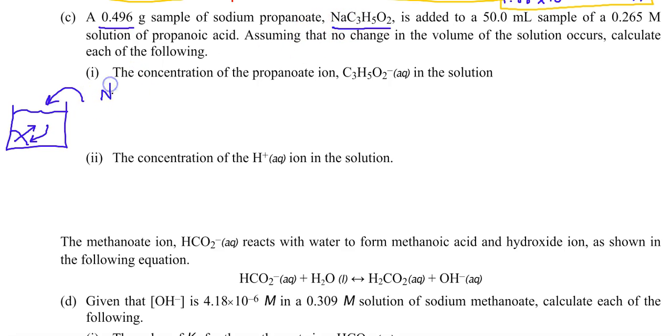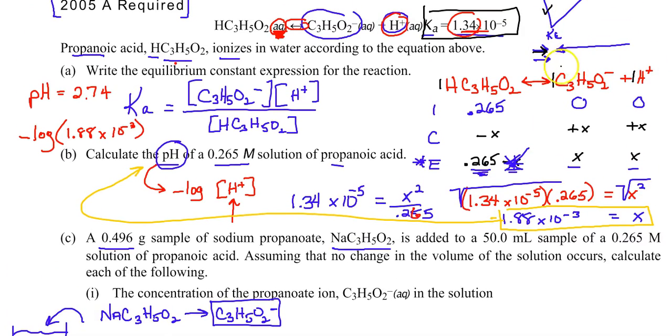This sodium propanoate, you should recognize, is going to break apart into the sodium ion, which we know is of course a spectator, and then the C3H5O2 negative. This should look familiar. Well, if you look very carefully, isn't that the conjugate base of propanoic acid?